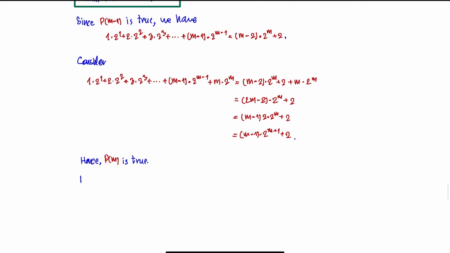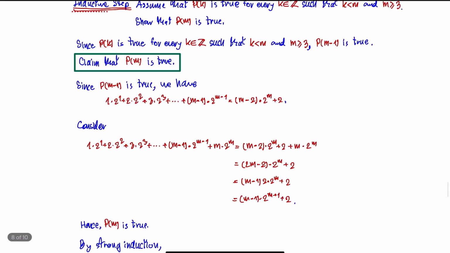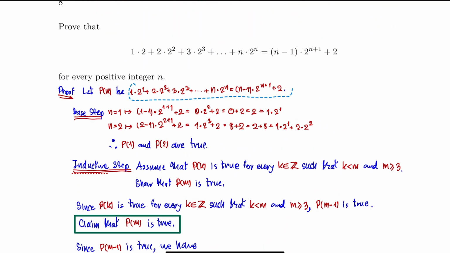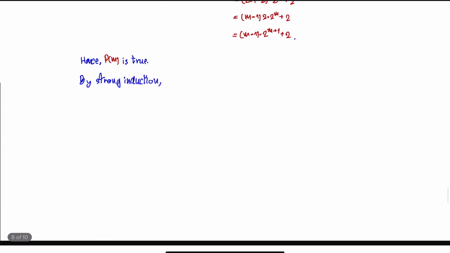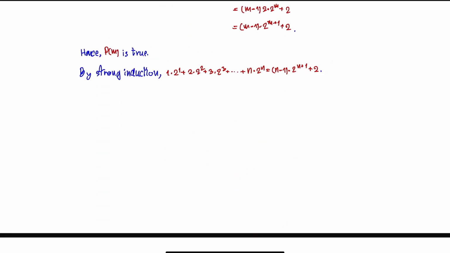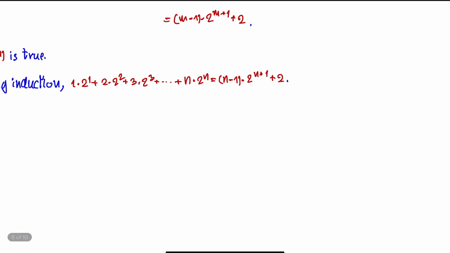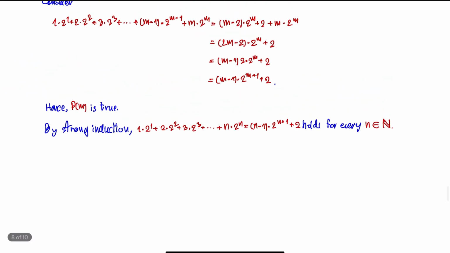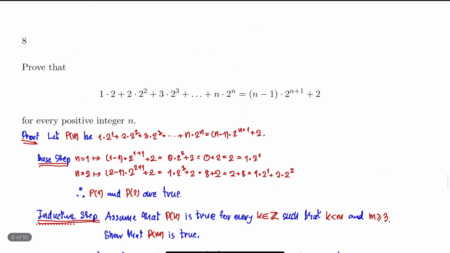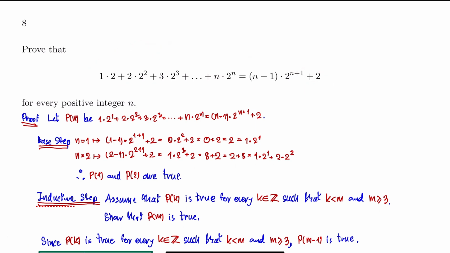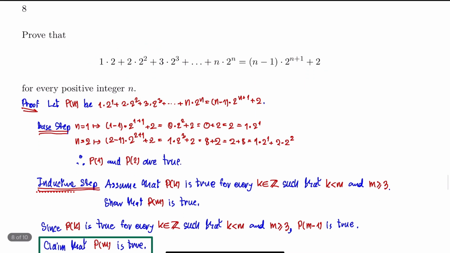So therefore, by strong induction, this equation is true. These equations hold for every positive integer n. So we have proved that this equation holds for all positive integers n. And that's it for this video.